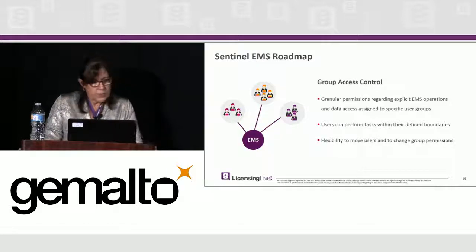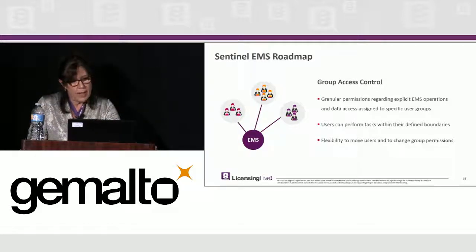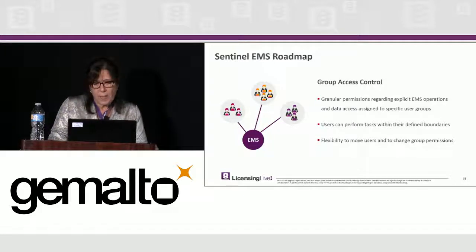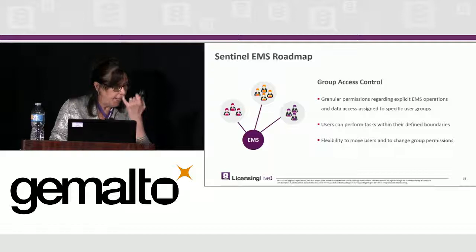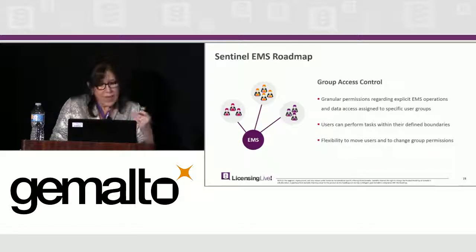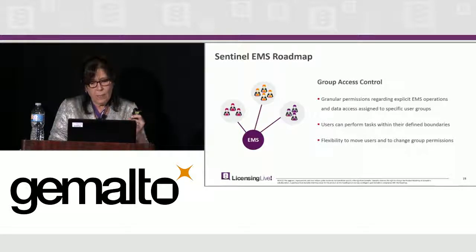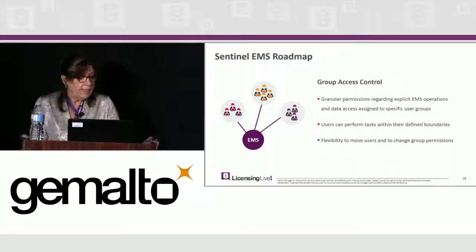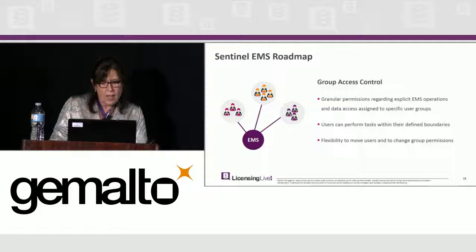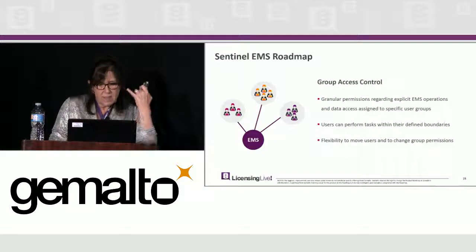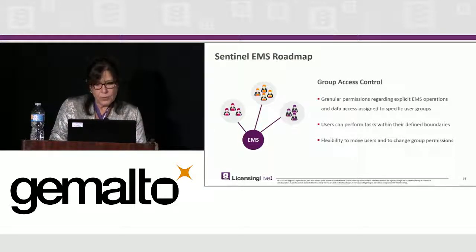So group access control is a feature that will allow vendors to create various user groups and associate granular permissions regarding which operations are allowed to each group. It's the ability to group together various users of EMS into individual groups, and then you simply apply the permissions of what they're able and allowed to do.